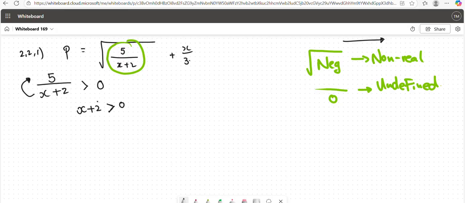Right? And then once you solve for x, you just take this to the other side, and this is a minus 2. So that's what they did. They just inverted it, and they got that.